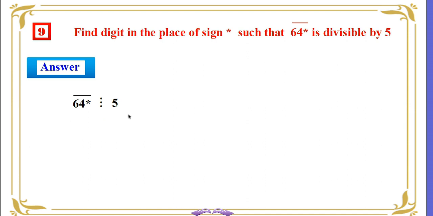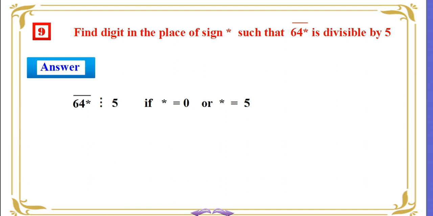It happens when the last digit here is 0 or 5. Then you have 6 4 0 divisible by 5, and 6 4 5 is divisible by 5.